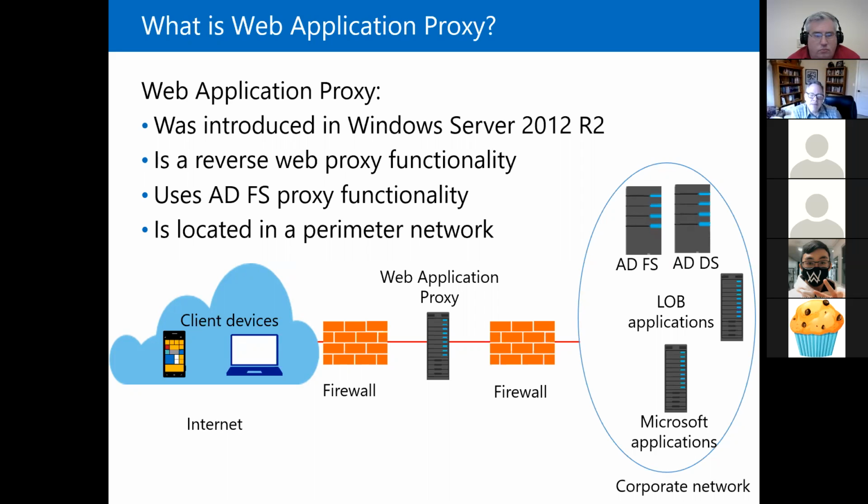So instead of going out to the source, they're hitting a proxy, in this case, a web application proxy. And so they go through these two firewalls. It's like an outer and an inner firewall. This is what's called a DMZ, Demilitarized Zone.